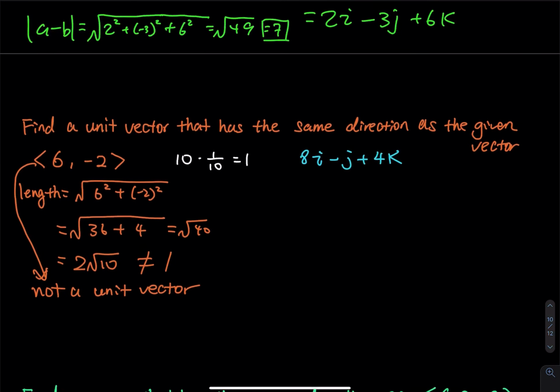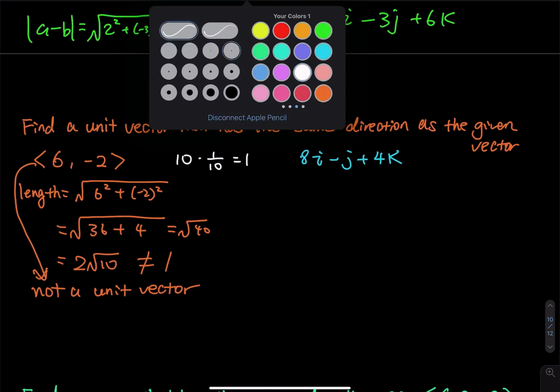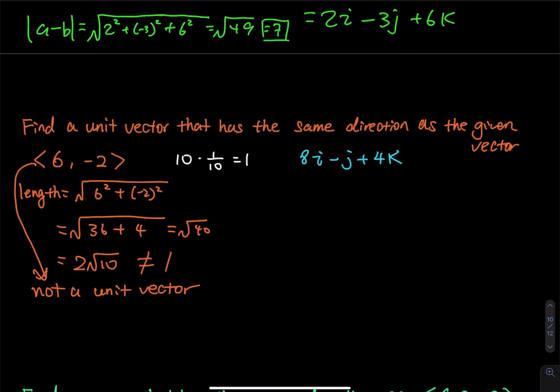So the given vector is not a unit vector. The length of the vector is 2 times root 10. So to make this become a unit vector, you have to multiply this vector by 1 divided by 2 root 10. Another way to say this is you have to divide the vector by 2 root 10.